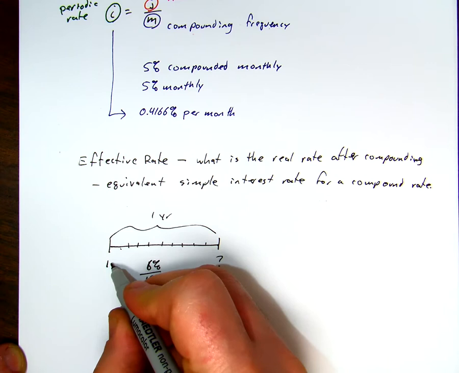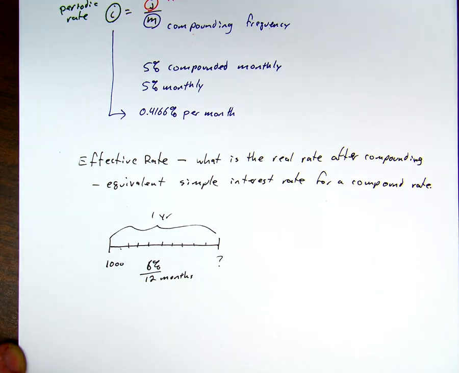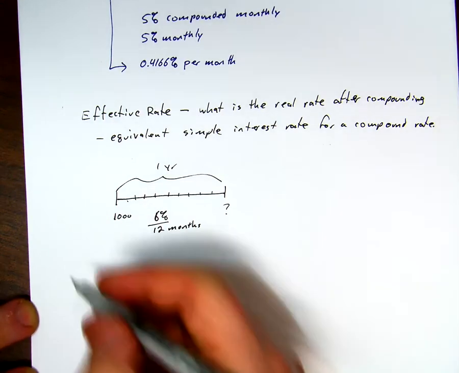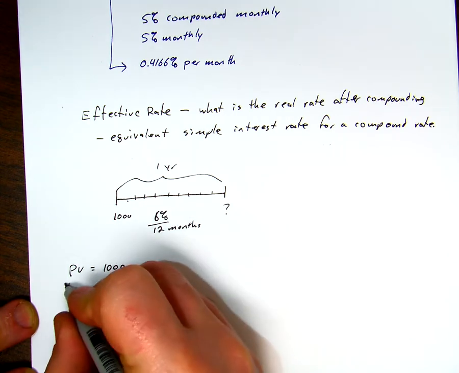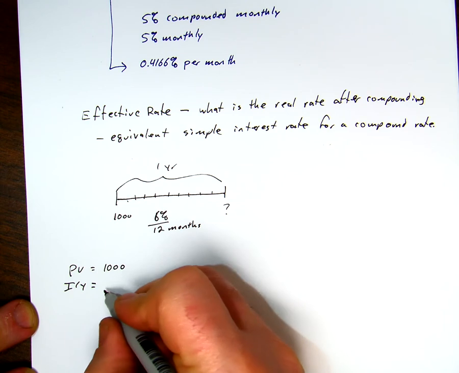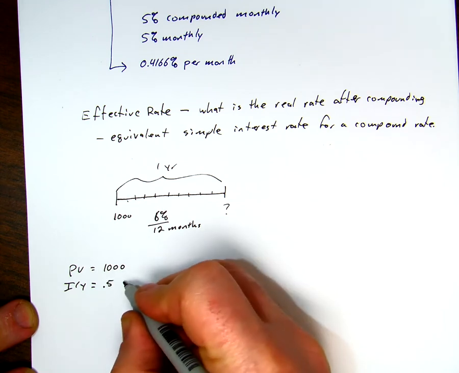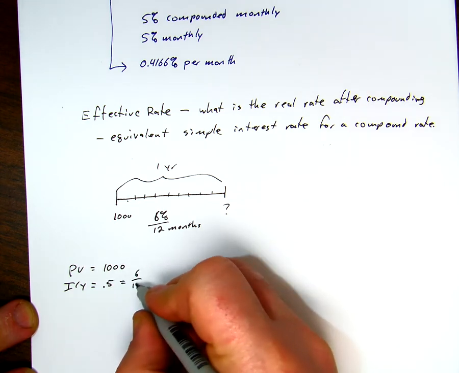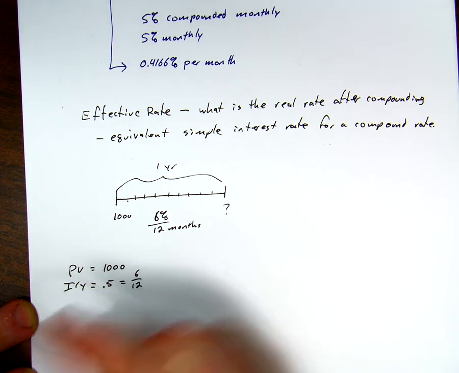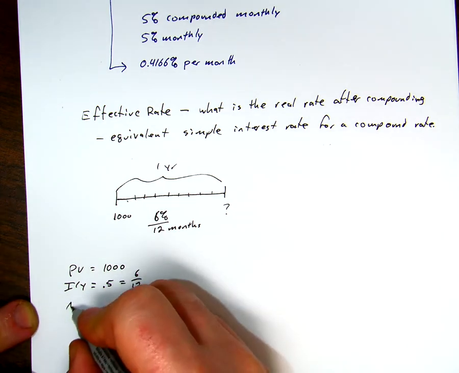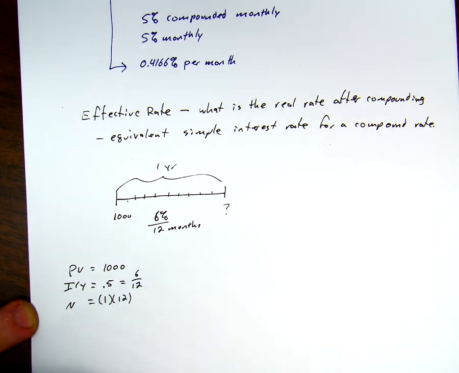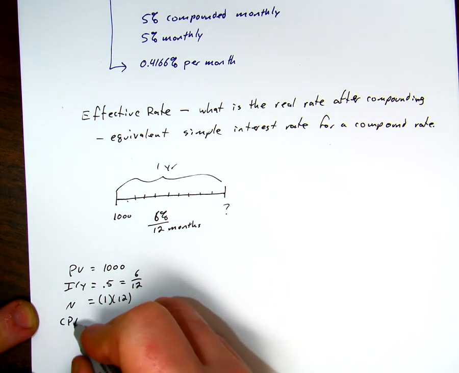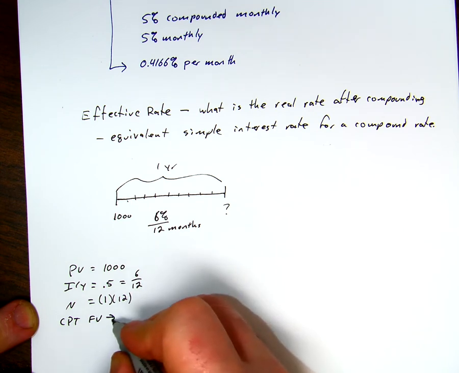And instead of doing this as $1, let's do this as $1,000 so we can see the results. So if we have a present value, which is $1,000, we had an I per Y, which is our 0.5, which is our 6% over 12. We had an N, which was 12 because it's 1 year, compounded 12 times a year. And we're going to compute a future value, and we'll see what it comes out as.